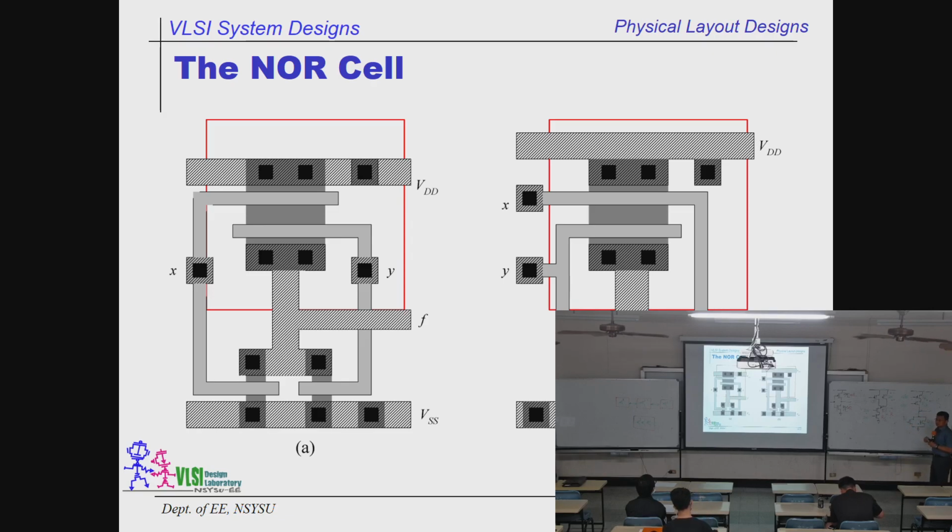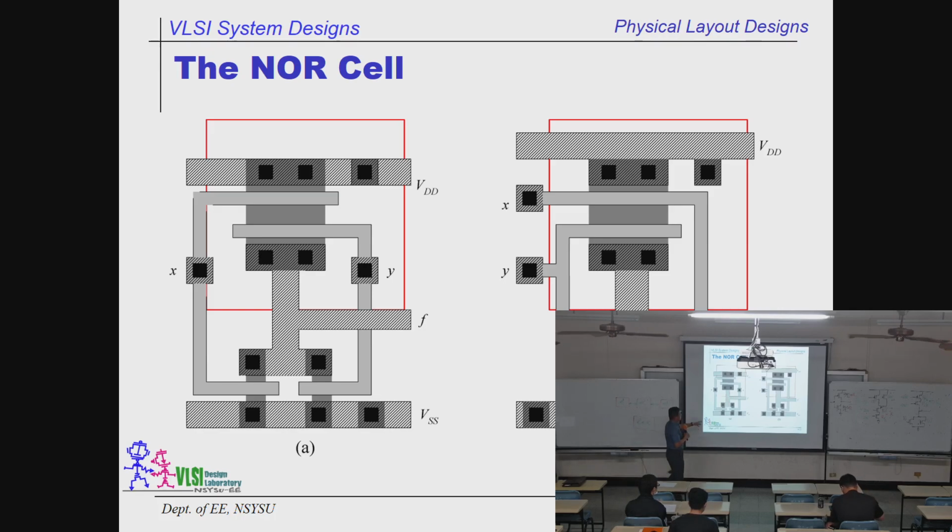So it becomes 4W. That is why we have a very big fat MOS transistor on the top, because we would like to increase the size to double. Originally we have 2W, right now we need 4, so that the current will be equalized for the rising edge and the falling edge. Is that clear? All right.